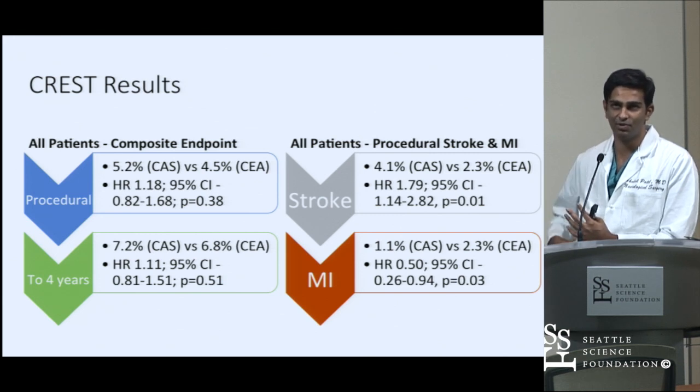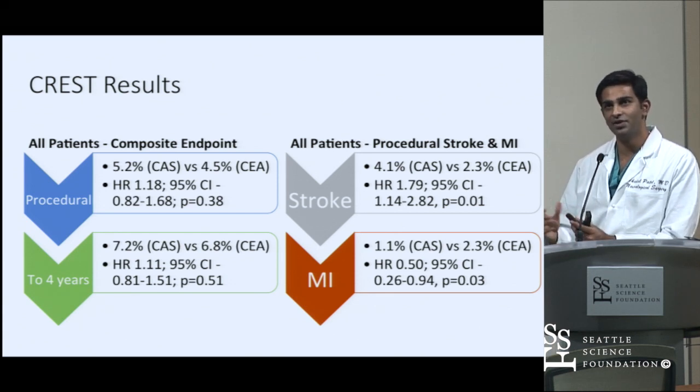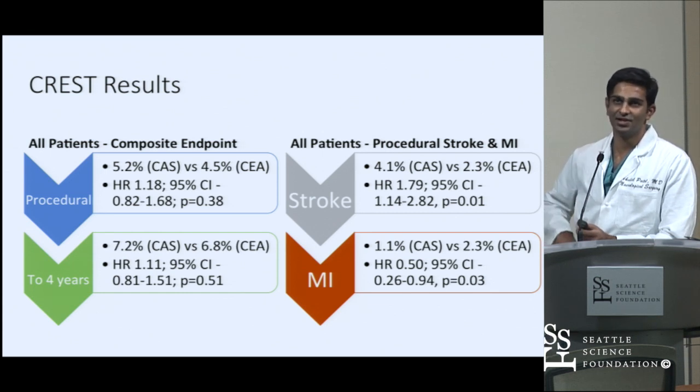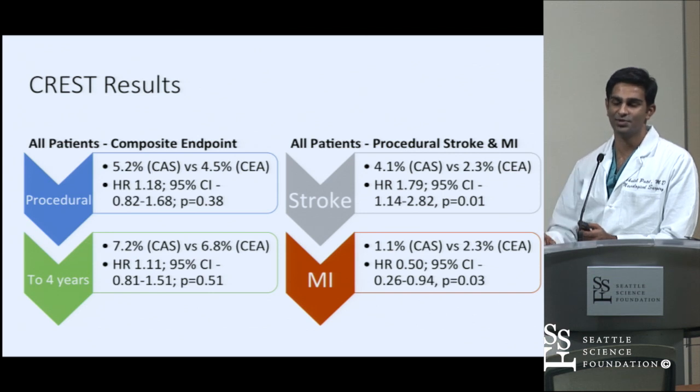There's some superiority of endarterectomy over carotid stenting when considering stroke, and there's some benefit of carotid stenting when looking at MI. But what is an MI as defined by the study? The vast majority of patients who had MIs in the study only had enzyme leaks. So that has been an issue which has been called into question since the study was published.